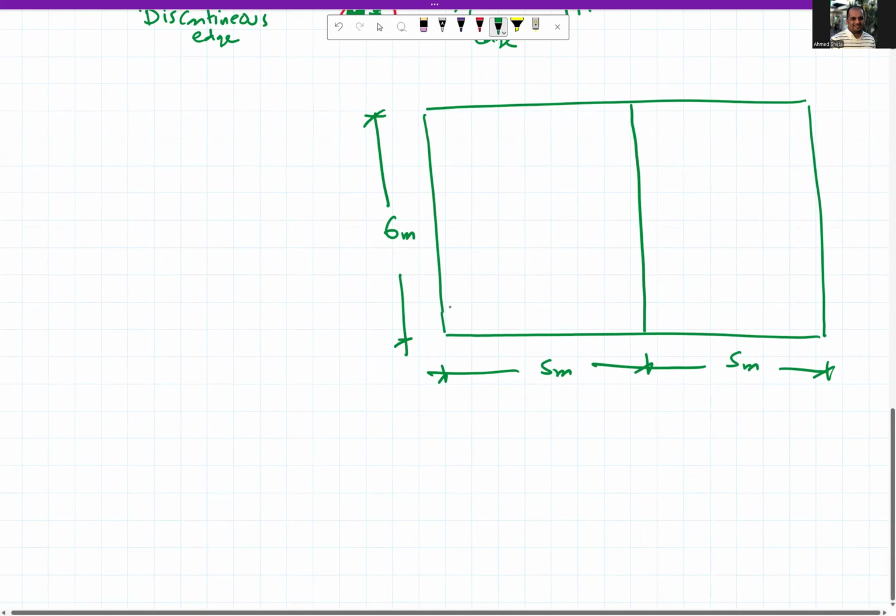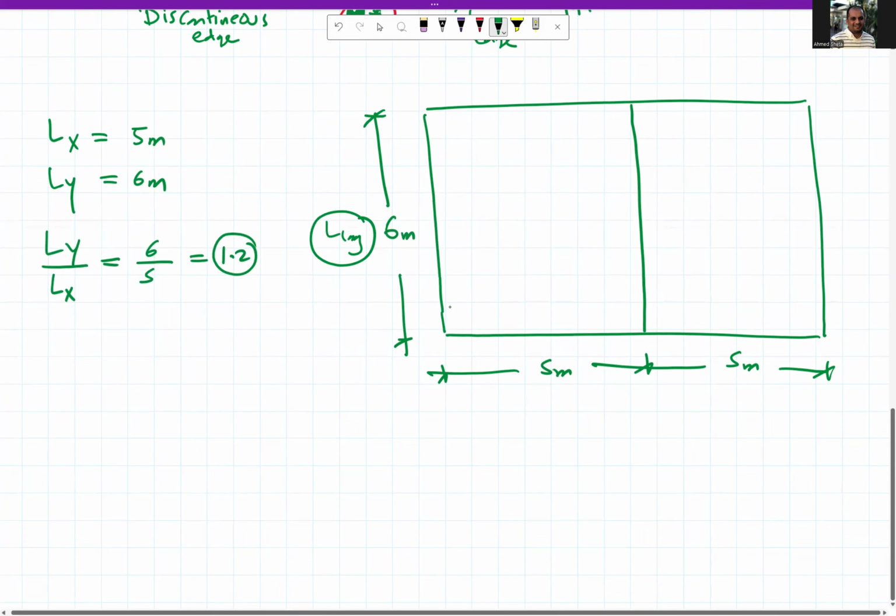First of all, we need to find what Lx and Ly are. Lx is 5 meter, Ly is 6 meter. So Ly over Lx equals 6 over 5, which is 1.2. So this is our L long and this is our L short. This is our first step.